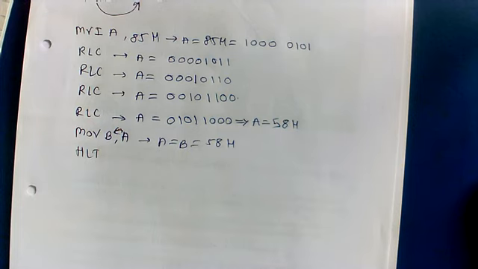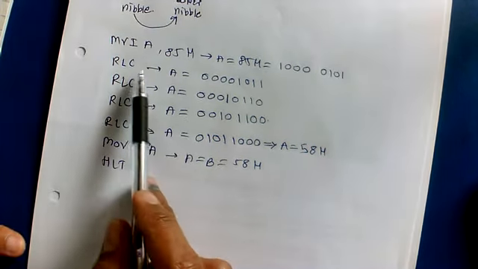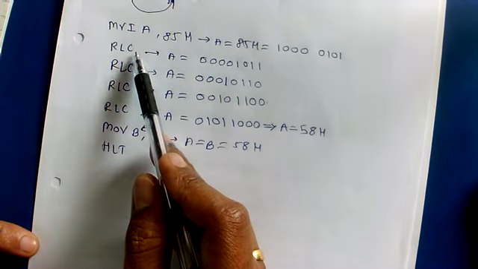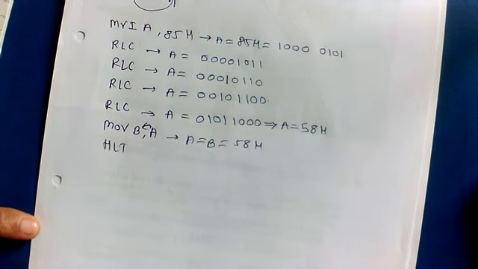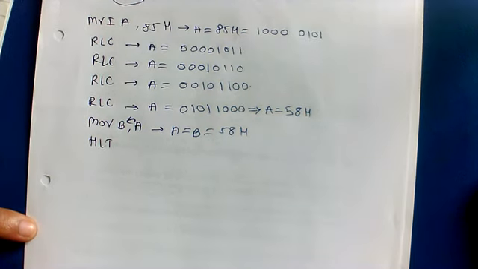But writing of this rotate instruction, either rotate left or right, whatever it is, 3 times, 4 times, 5 times, 8 times is not feasible, or is not a proper way to write the program.